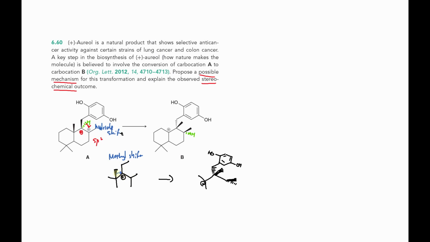When you introduce the wedge methyl group to the carbocation, and by the sp3 hybridization, it's going to create the dash shape for this part. And that's it.